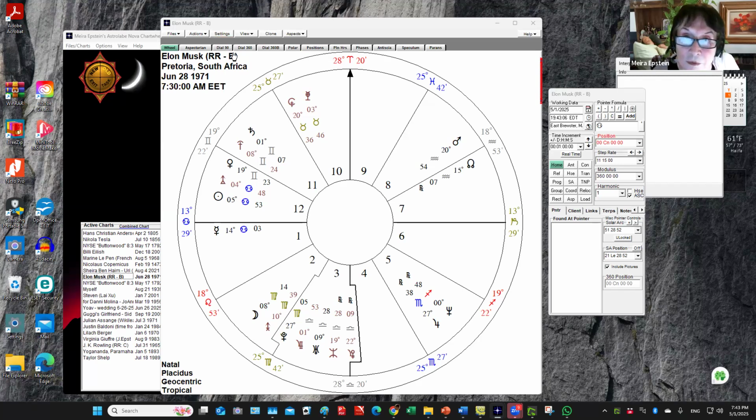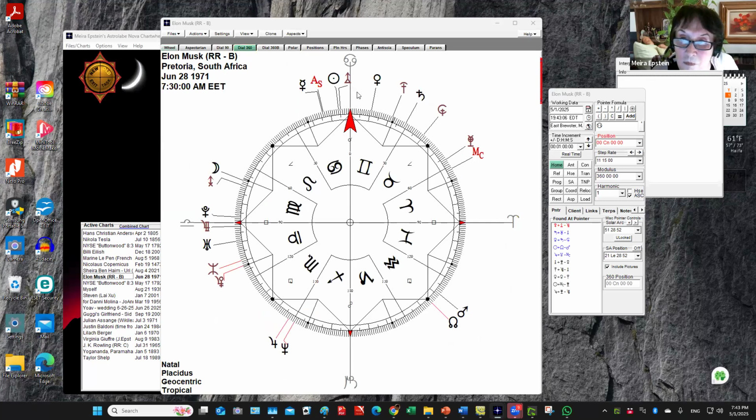So on the 360, what can the 360 do for us? When I leave the dial as is, the planets are arranged around in their proper sign, okay? I showed it to you last time with the Pope Francis, but I did it very quickly.